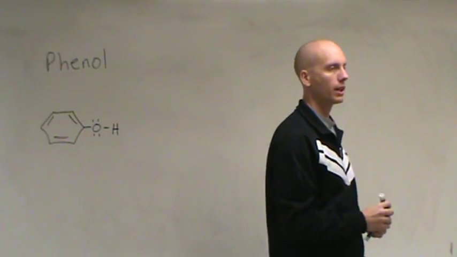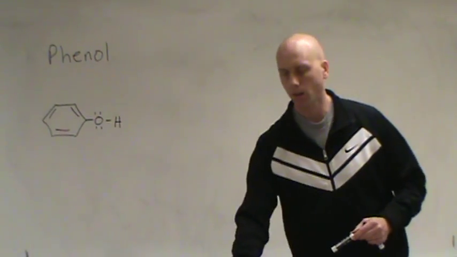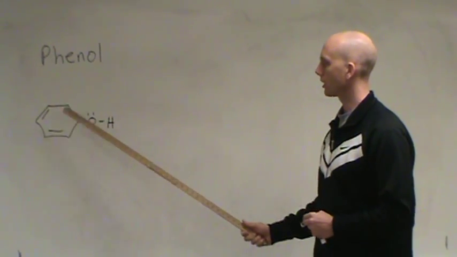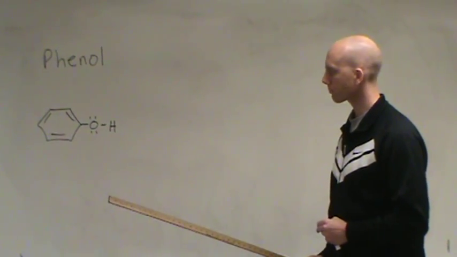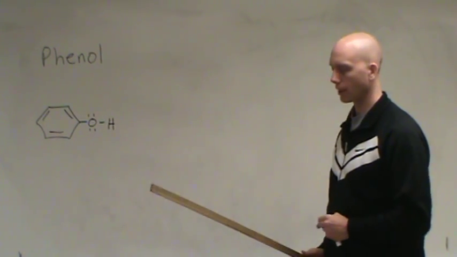Recall that phenol has this Lewis structure here, where we have this OH on the benzene ring. If you look at phenol, it has this hydrogen on oxygen.